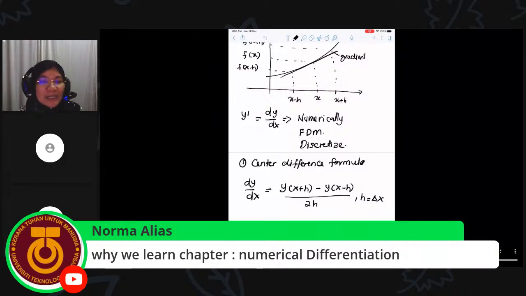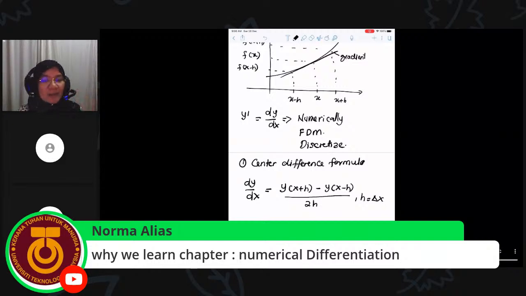Why do we need to find a gradient for the point (x, f(x)) using 3 points, using 2 points x minus h and x plus h, or forward x and x plus h, or backward x minus h? Why do we learn numerical differentiation?